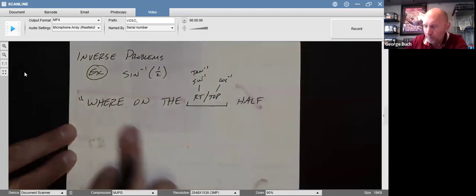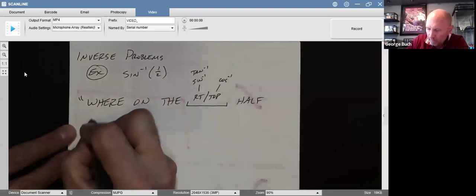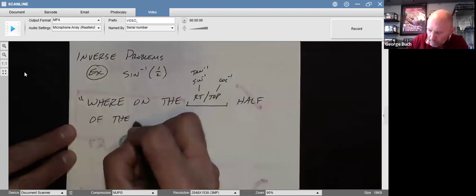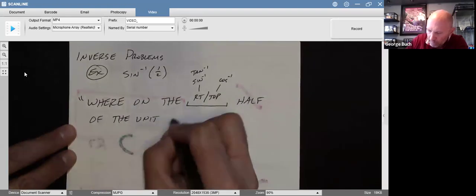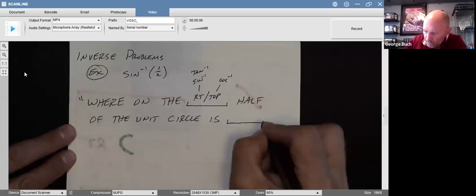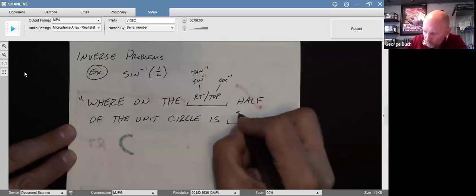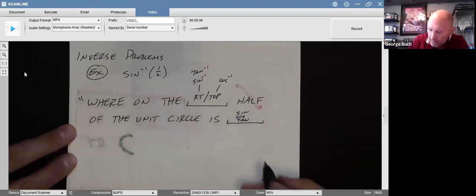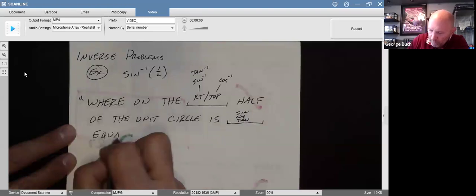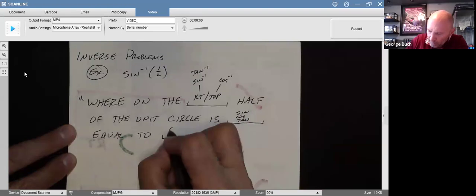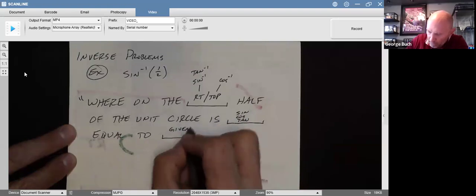So where on the blank half of the unit circle is, and then this is either sine, cosine, or tangent, depending which inverse function I have, equal to, and then this is the given value that I was given.